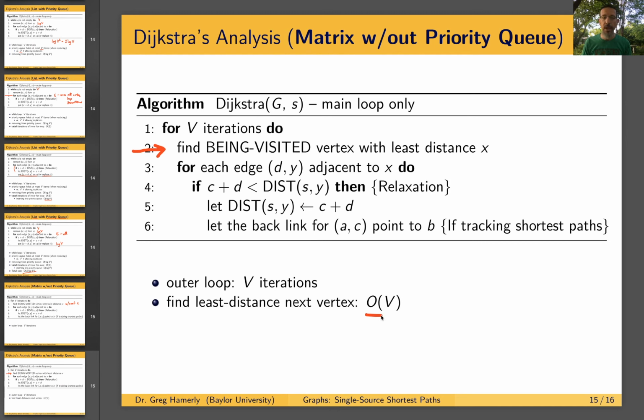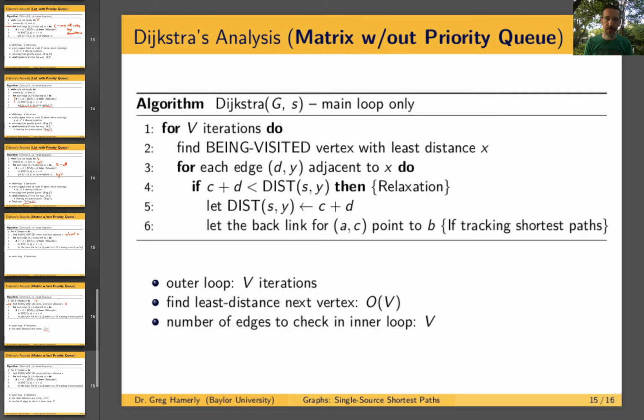The cost of doing that is looking at all the vertices, so it's order V. And that's pretty expensive. Remember that we could do this with a priority queue in log V time. So already you can see this is a V squared algorithm, right? Because we've got V here and V here, and we multiply those together.